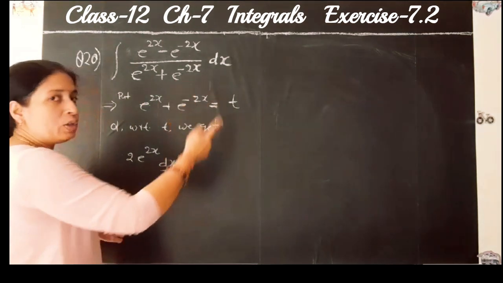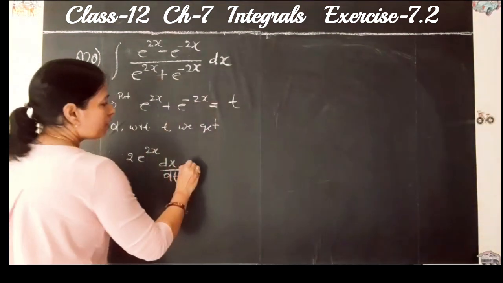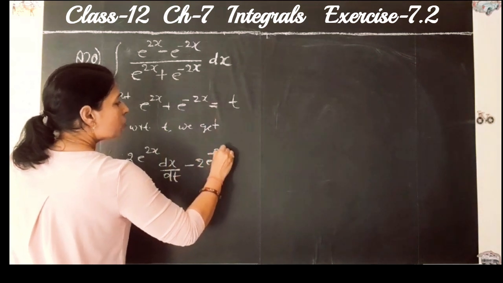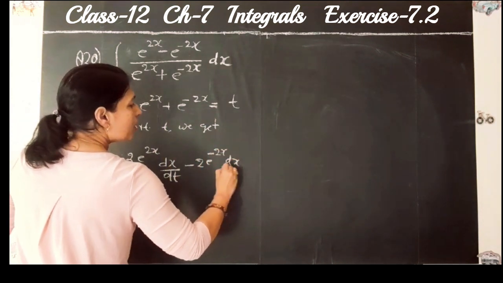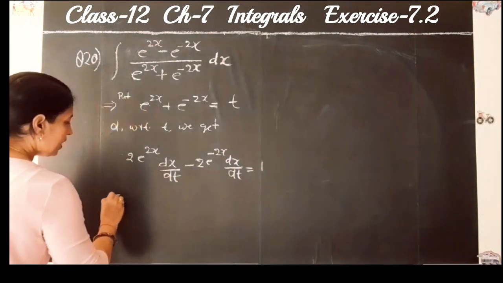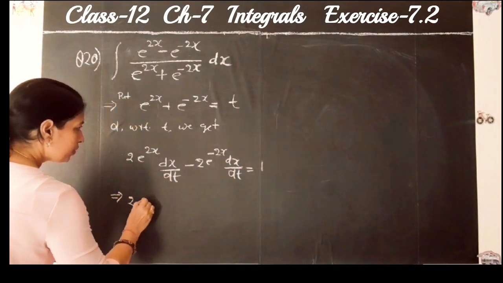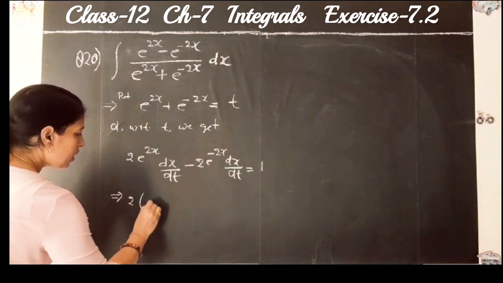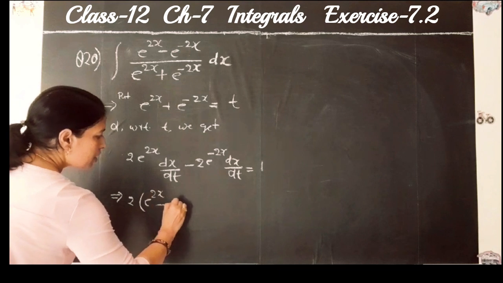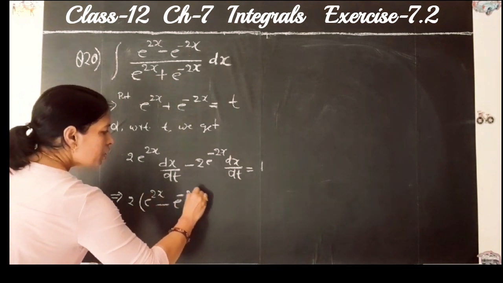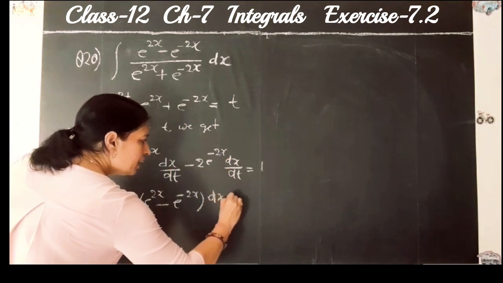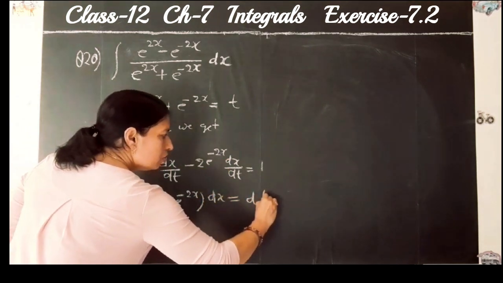Again differentiate e to the power minus 2x, we get minus 2 e to the power minus 2x dx by dt is equal to 1. So we can write, take 2 common, then you can write e to the power 2x minus e to the power minus 2x, take common dx by dt. So we can write dx is equal to dt.